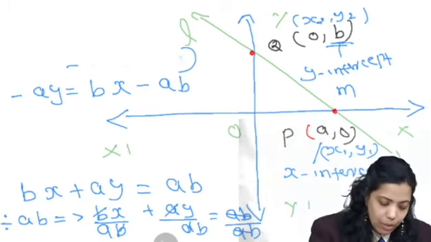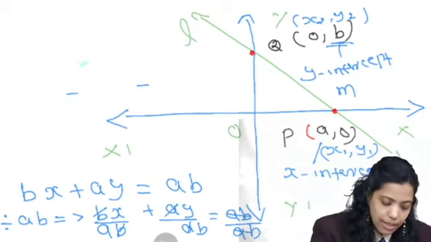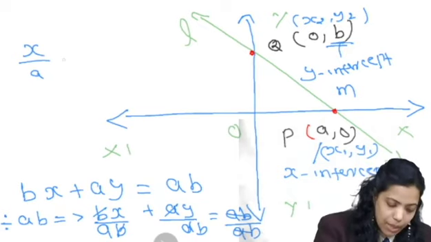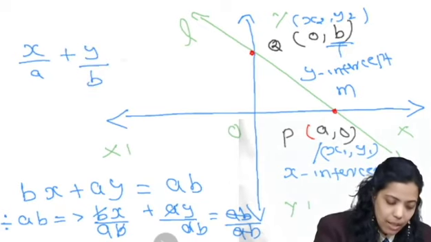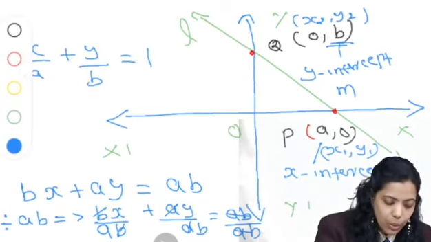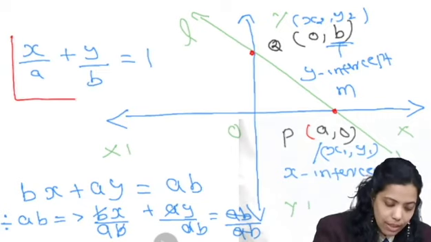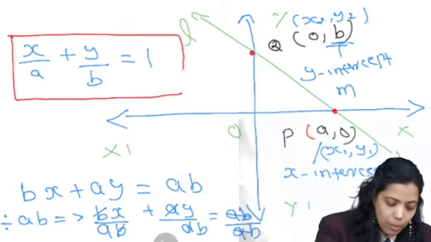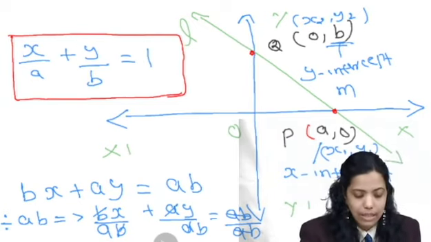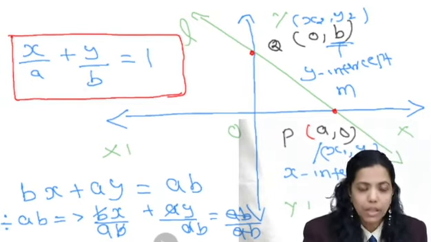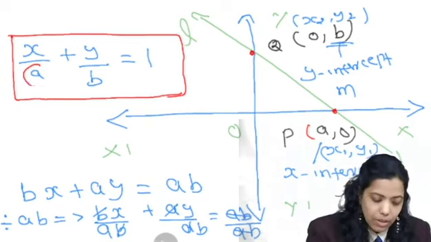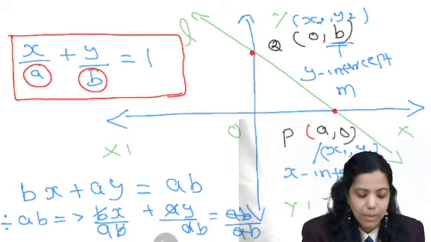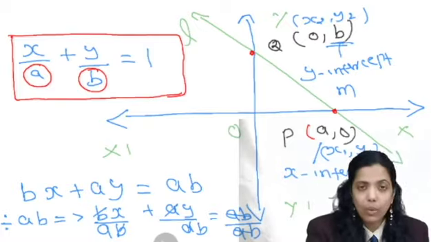So after all we are getting the final answer as the intercept form: x by a plus y by b equal to 1. So this is known as the intercept form, used when the intercepts of a straight line are given to form the equation. Here a is the x-intercept and b is the y-intercept.